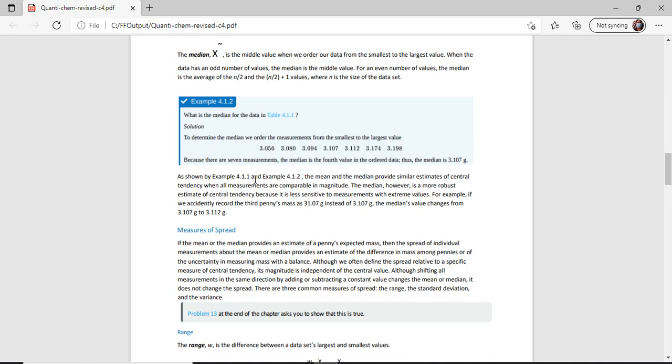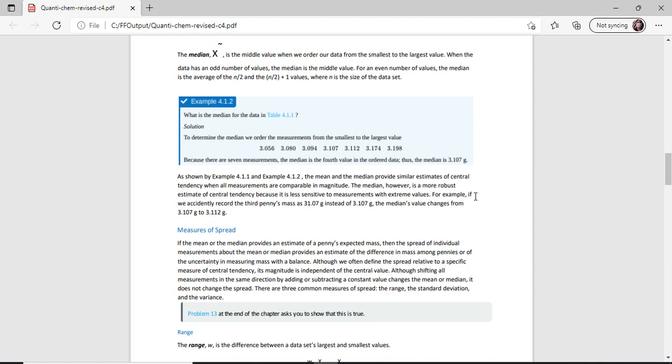As shown in our Example 4.1.1 and Example 4.1.2, the mean and the median provide similar estimates of your central tendency when all the measurements are comparable in magnitude. The median, however, is a more robust estimate of your central tendency because it is less sensitive to measurements with extreme values.